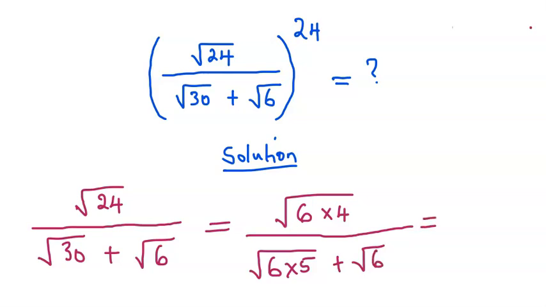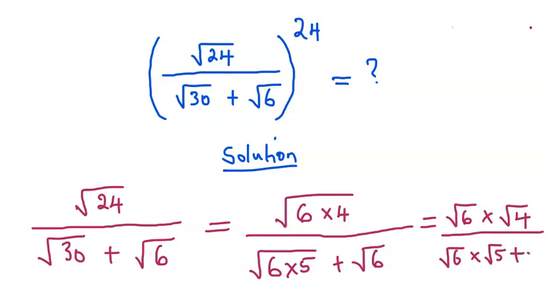So this will be equal to the square root of 6 multiplied by the square root of 4, divided by the square root of 6 multiplied by the square root of 5, plus the square root of 6.